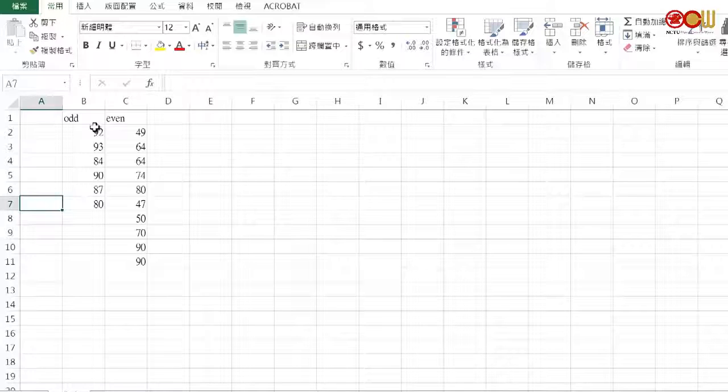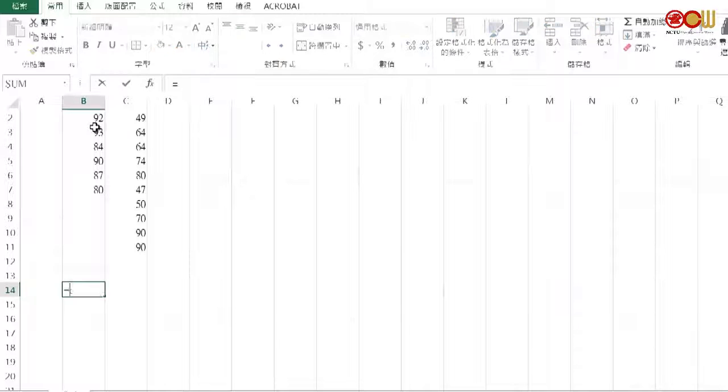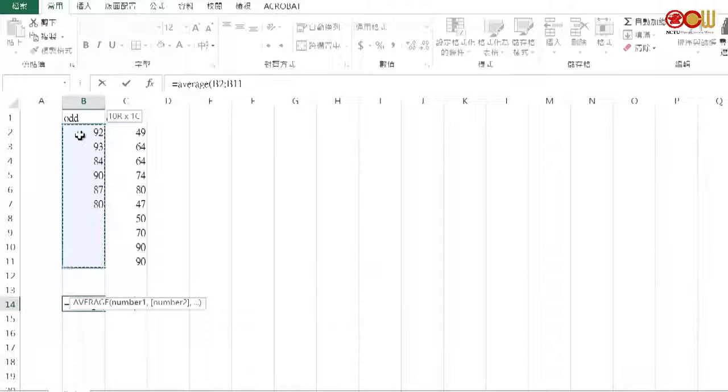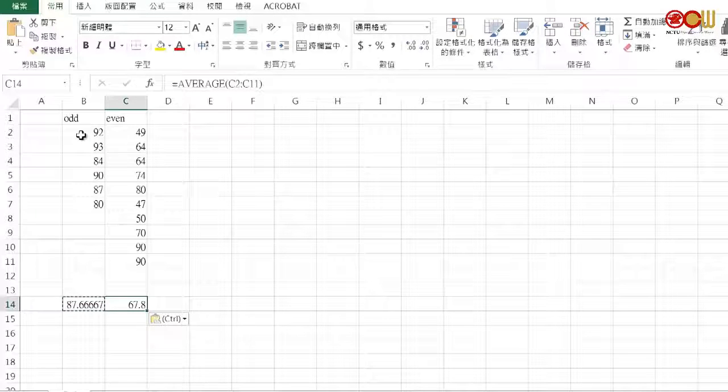Okay. Now, probably you can see a trend that, because we don't have many people today, the effect is probably not obvious. But you can still find a trend that for odd numbers, the estimated age is higher than for even numbers.